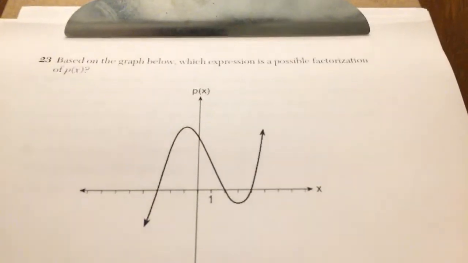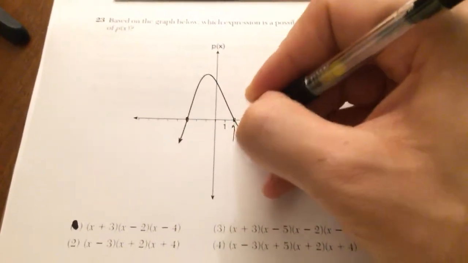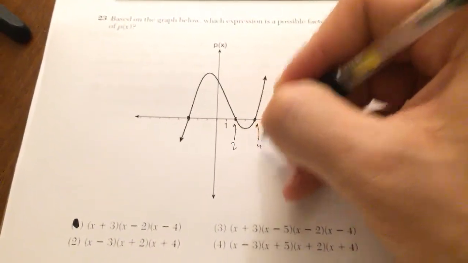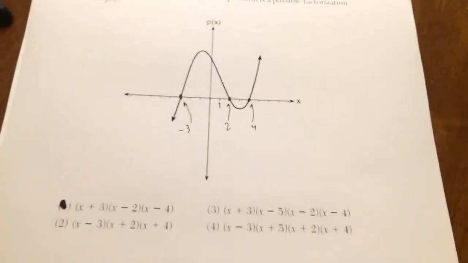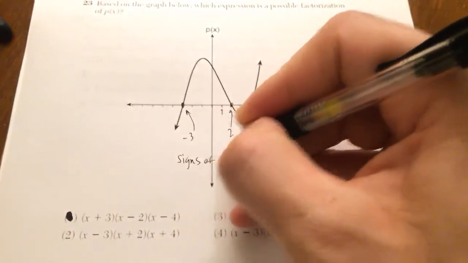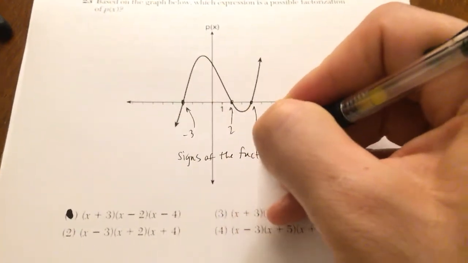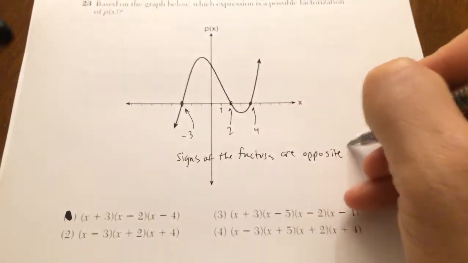Based on the graph below, which expression is a possible factorization? If you look at the zeros of this graph, we know that it's crossing at 2, 4, and negative 3. Now, when you're writing the factorization, remember that the signs of the factors are opposite.